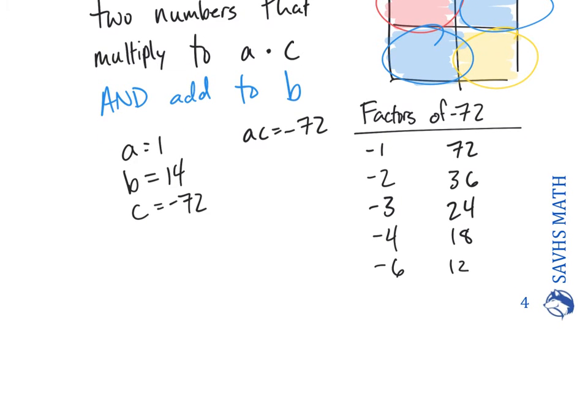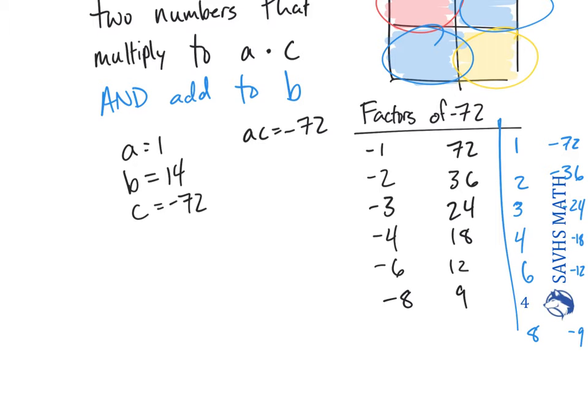I could have, let's see, not negative 7, but maybe negative 8, so 72 divided by 8 is 9. So I could have all of these pairs, or I could have the opposites, the negative versions. So I could have 1 and negative 72, I could have 2 and negative 36, etc.